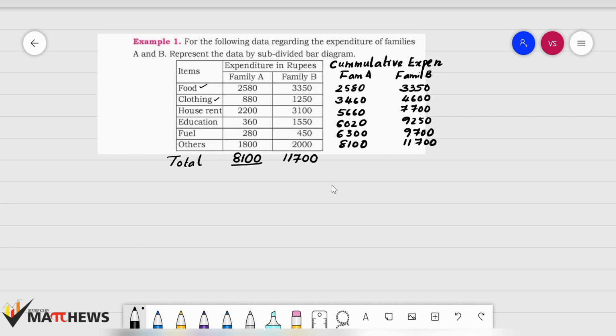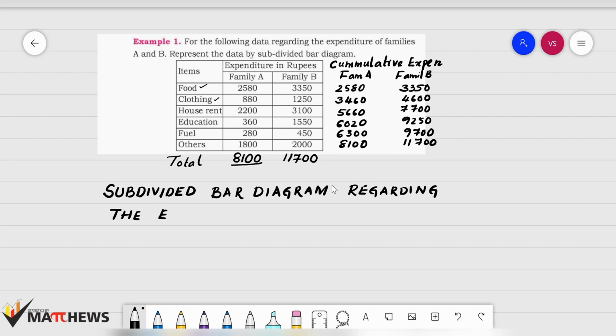So what it is: subdivided bar diagram regarding the expenditure of two families A and B. If I represent it like this, that will be enough, students.